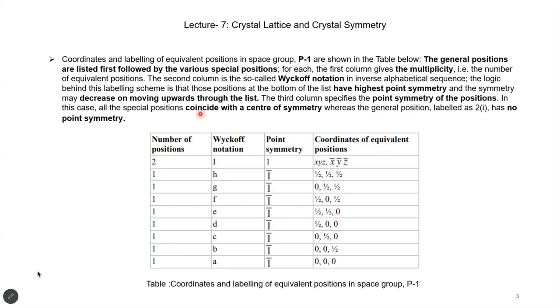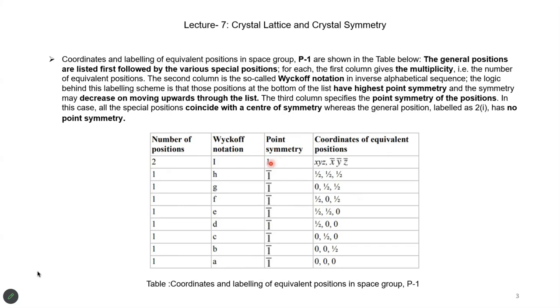So for this space group specifically, the multiplicity 2 is the general position, and its Wyckoff notation is i, and then for point symmetry, it has no point symmetry, you see. One is not a point symmetry.